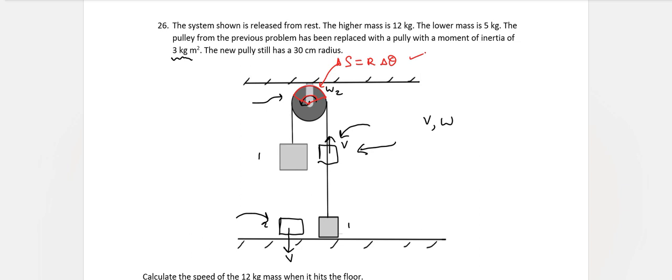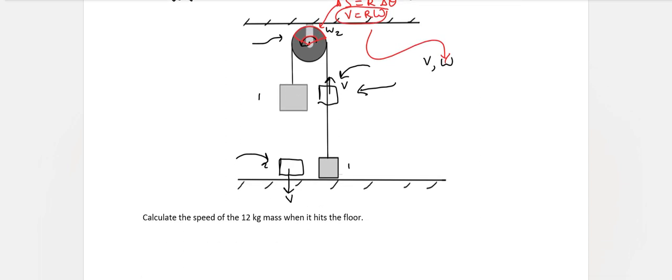If you divide it by time, the delta S over delta T becomes V. And if you divide the right-hand side by time, the change in theta over change in time is the angular velocity. So you can use this to eliminate this in your work energy theorem, and that should get you where you need to go.